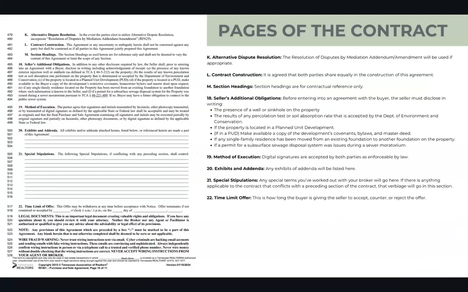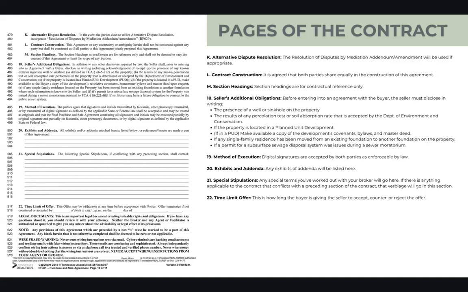And before entering into an agreement with the buyer, the seller must disclose in writing the presence of a well or sinkhole, the results of any percolation tests or soil absorption rates that will be acceptable by the Department of Environment and Conservation, if the property is located in a PUD, and if it isn't a PUD, they will make available a copy of the development's covenants, bylaws, and master deed.